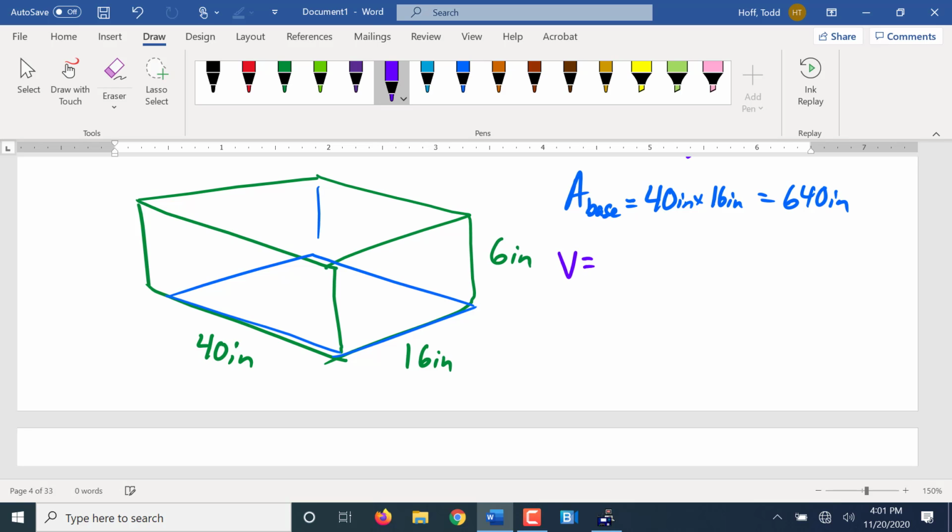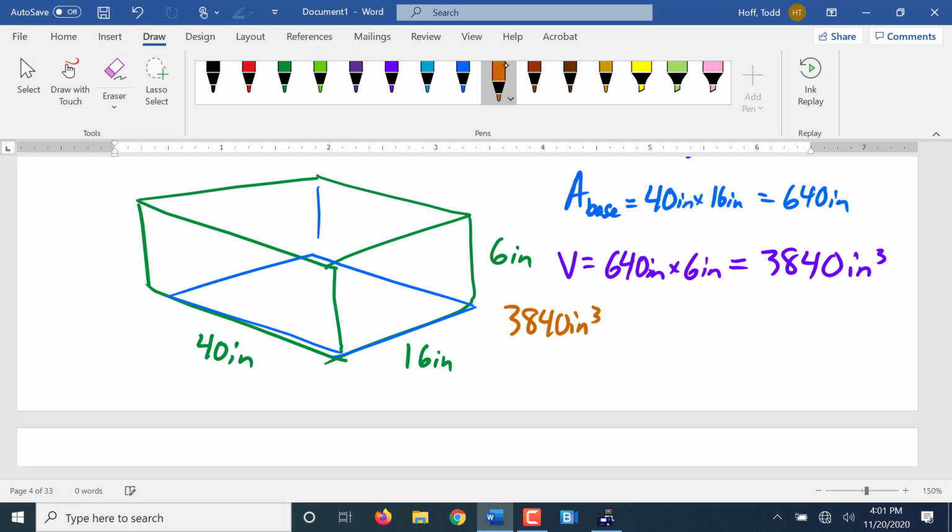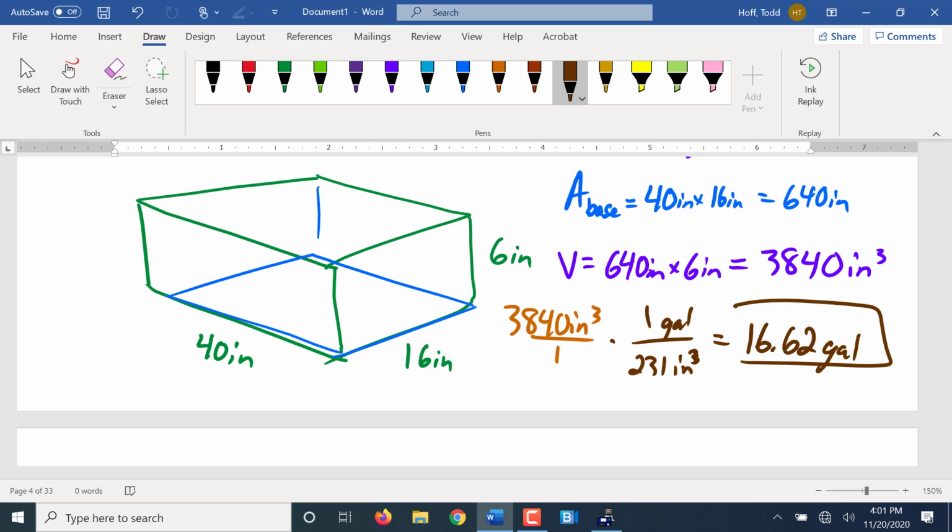So our volume would then be the 640 times the 6 inches, which is 3,840 cubic inches. Now to turn that into gallons, 231 cubic inches is 1 gallon. So 16.62 gallons, which is pretty close to your normal gas tank size on your vehicle.